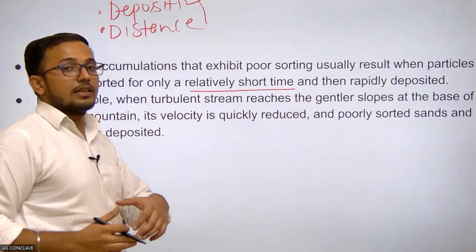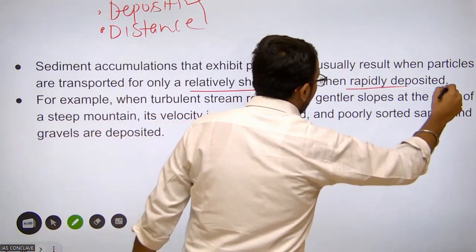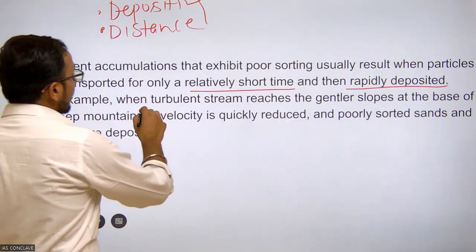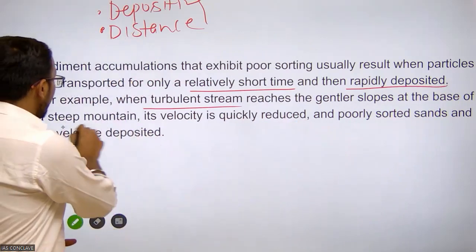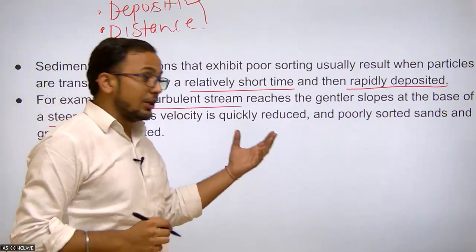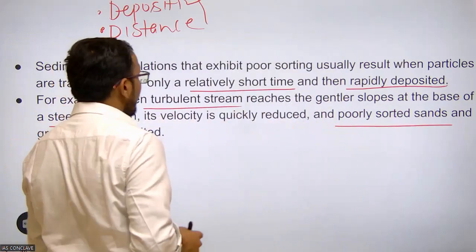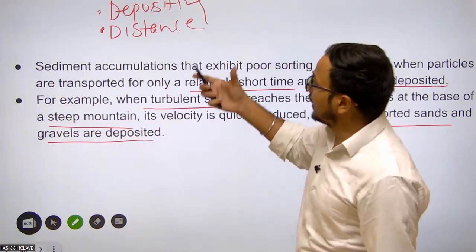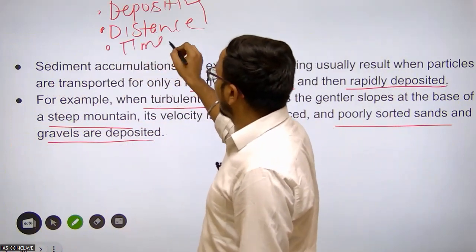Then they were rapidly deposited. For example, when a turbulent stream reaches the gentler slope at the base of steep mountains, its velocity quickly reduces and poorly sorted sands and gravels are deposited. So this is how we can infer the distance and also the time.